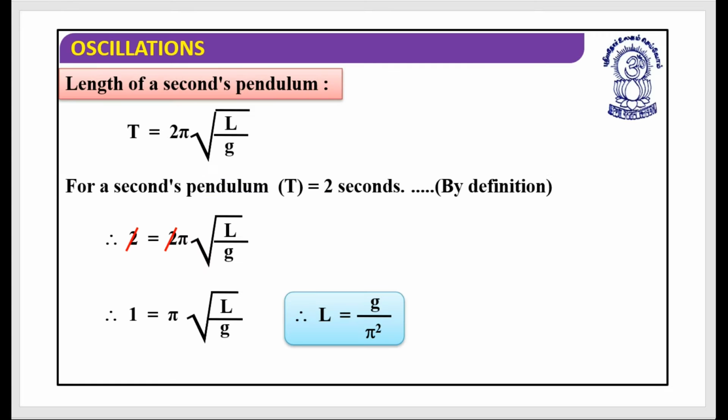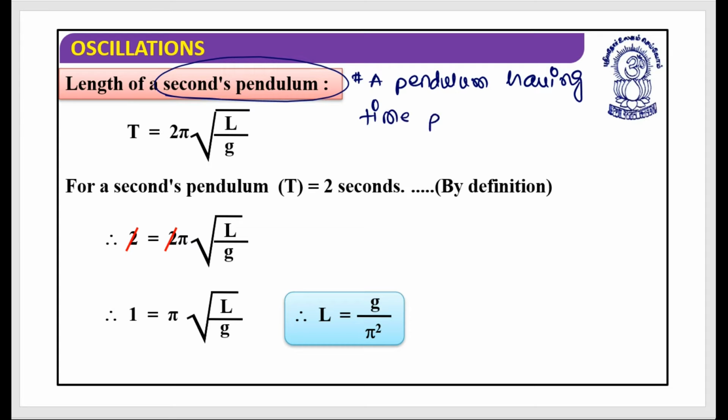Now let's discuss one very specific pendulum, what we call a seconds pendulum, and we will try to find out the length of the seconds pendulum. So basically a seconds pendulum is a pendulum having a time period of 2 seconds.